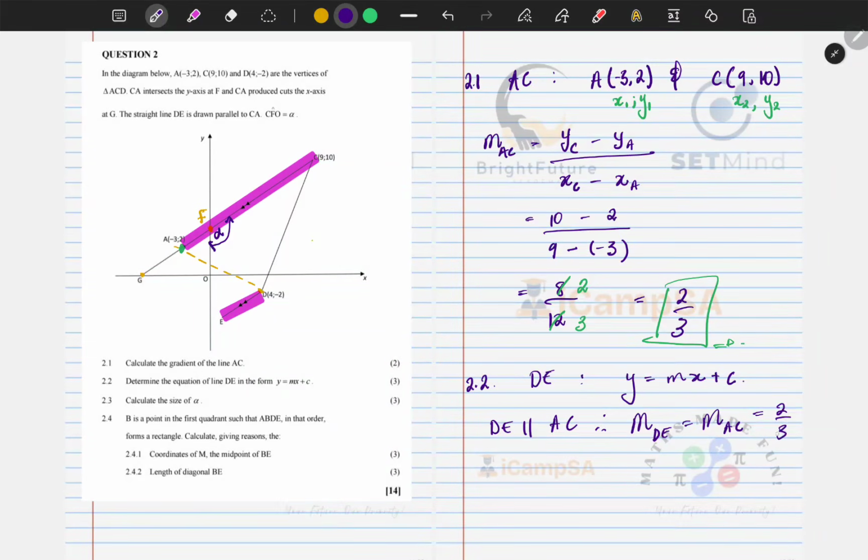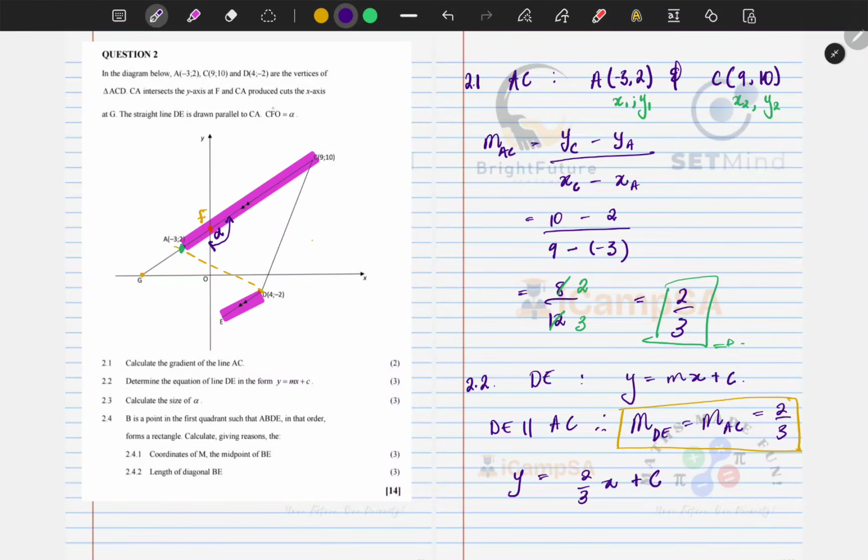This is very important because we don't have to recalculate the gradient since we already had it. So now we have our equation as y equals 2 over 3 x plus c.